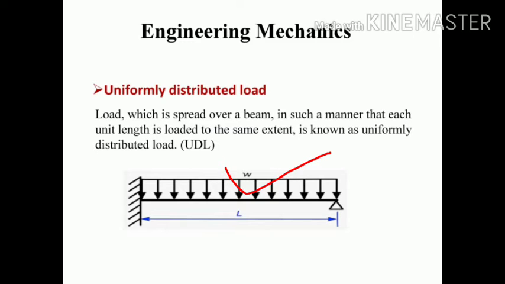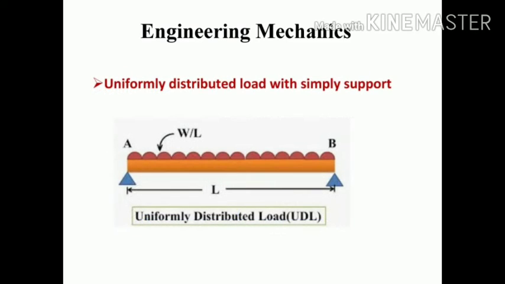Here you can see the load W uniformly distributed over the length of the beam, and the length of the beam is L. Here is a uniformly distributed load with simple supports. The two ends are simply supported, and load W per unit length is uniformly distributed over the beam. So it is a uniformly distributed load on a simply supported beam.